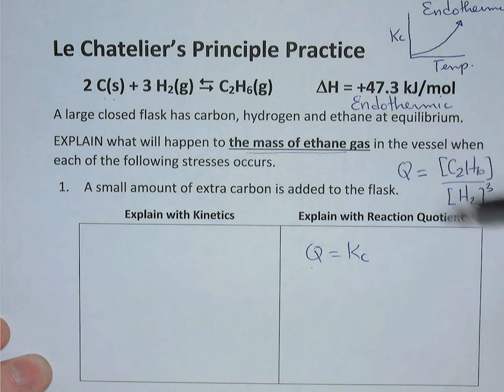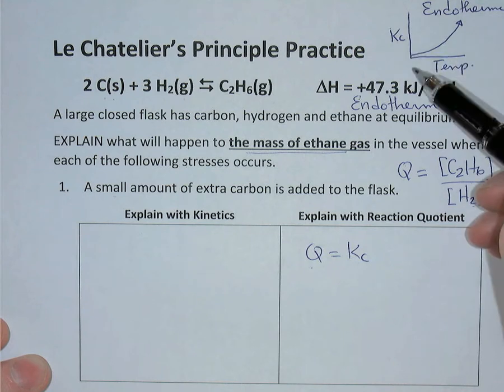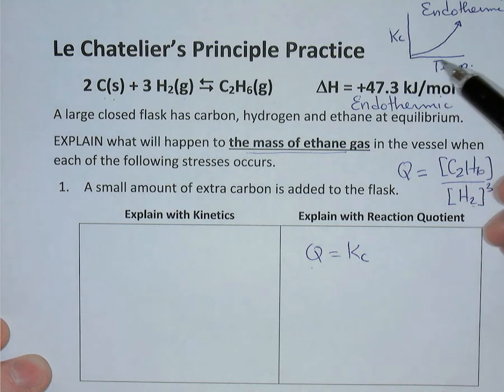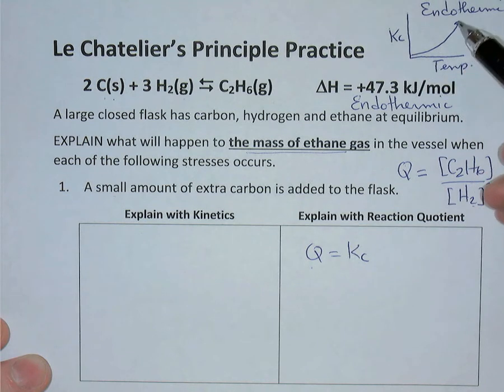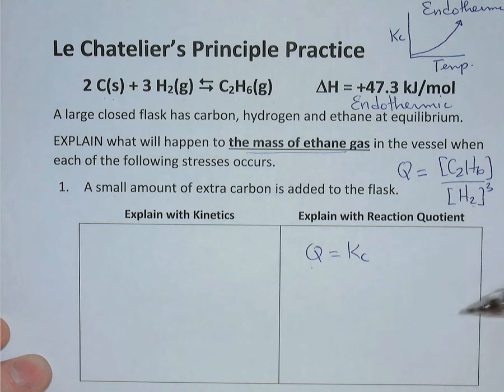Now what about Q and Kc? Well, changing temperature is the only thing that changes Kc. So we look at our graph. This was an endothermic reaction. In an endothermic reaction, when you raise the temperature, the Kc gets larger. So raising temperature caused Kc to increase. Q, the reaction quotient, is unaffected by a temperature change.